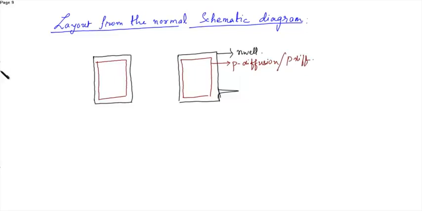Then of the same area we need the N diffusion layer, or the ndiff layer. So the NMOS are in series. So this is one, and this is another one.